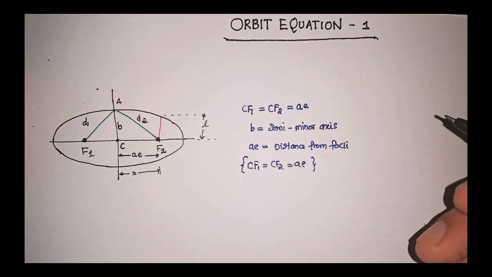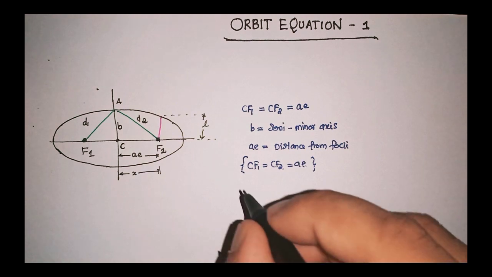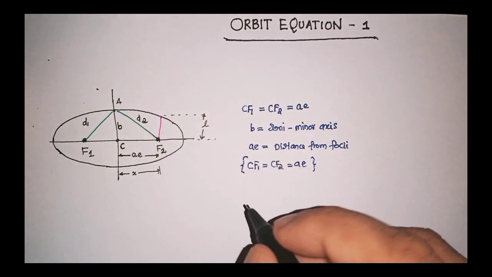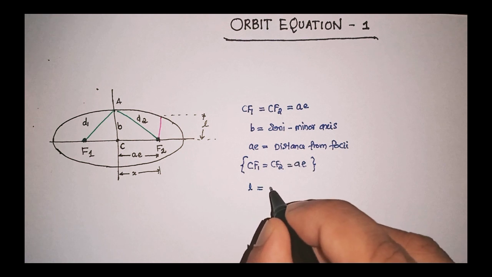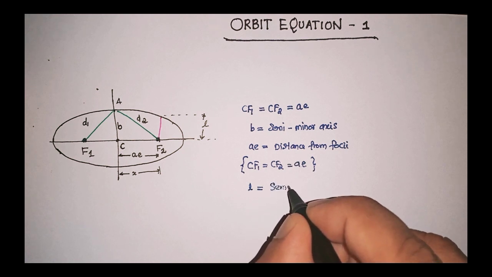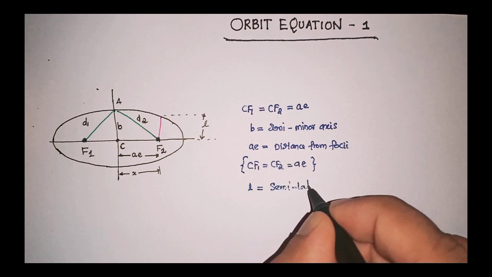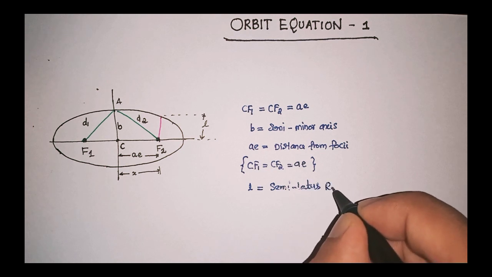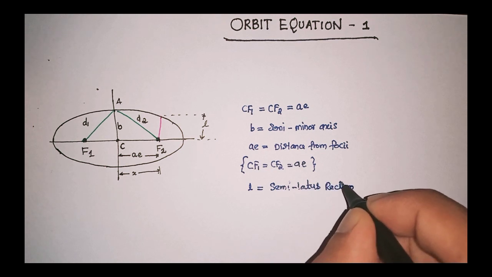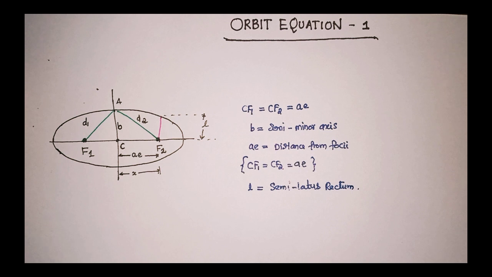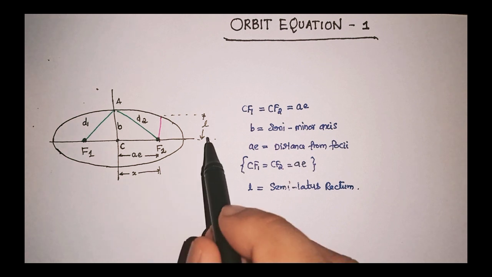Now we have the x coordinate. Here we have something called L. L is called the semi-latus rectum. Here we have an x coordinate and a y coordinate.